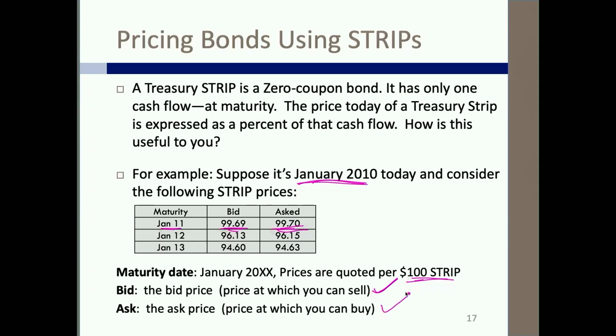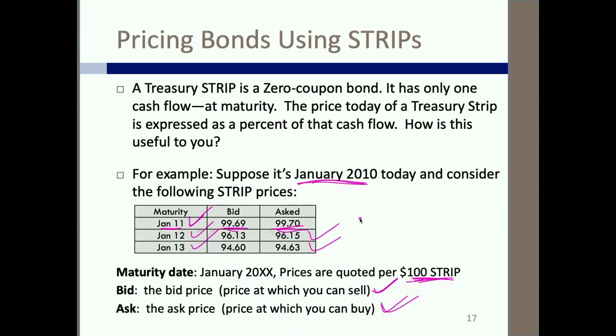That's the price at which you can buy. She is asking $99.70 for every $100 strip. So if you want to buy a $100 treasury strip from her that matures in January 2011, you've got to pay $99.70. If you want to buy one that matures in January 2012, you've got to pay $96.15. If you want to buy one that matures in January 2013, you've got to pay $94.63.